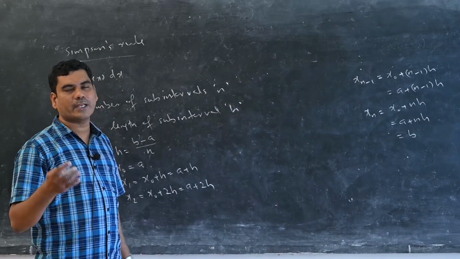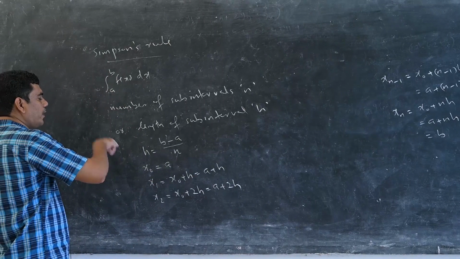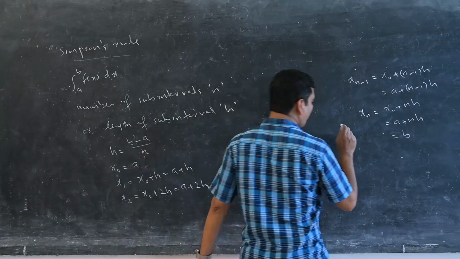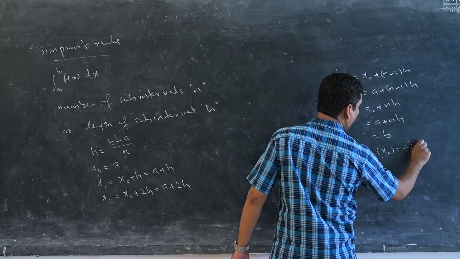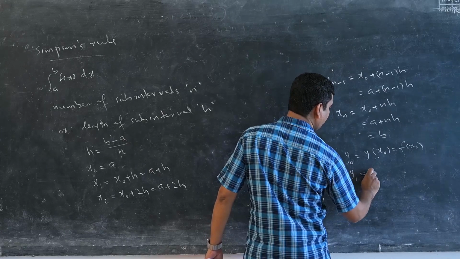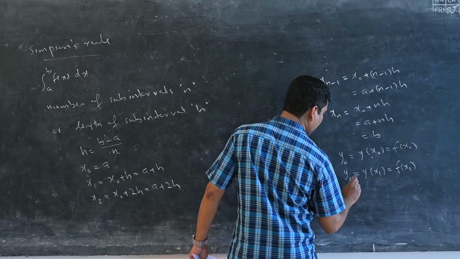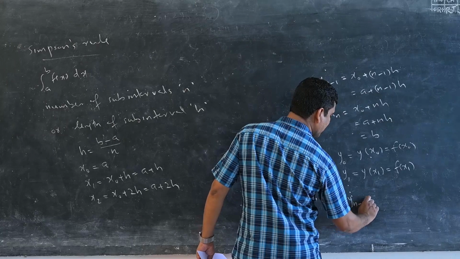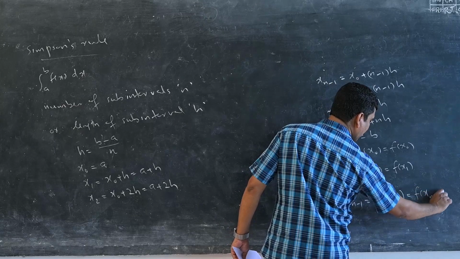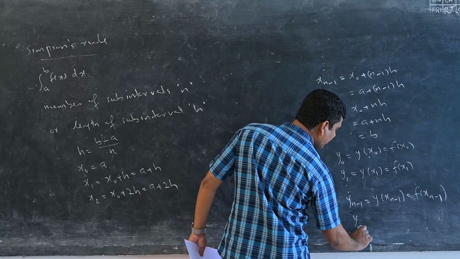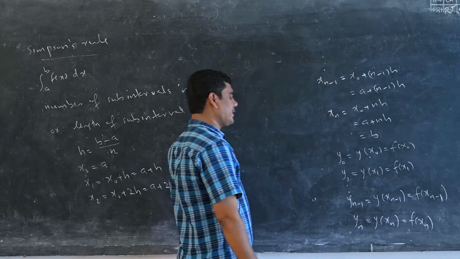Now, as in the case of the trapezoidal rule, we find the value of the function at the end points of these subintervals x0, x1, x2, etc. y0 is equal to y of x0, which is f of x0. y1 is equal to y of x1, which is f of x1, etc. yn minus 1 is equal to y of xn minus 1, which is f of xn minus 1. yn is equal to y of xn, which is f of xn.